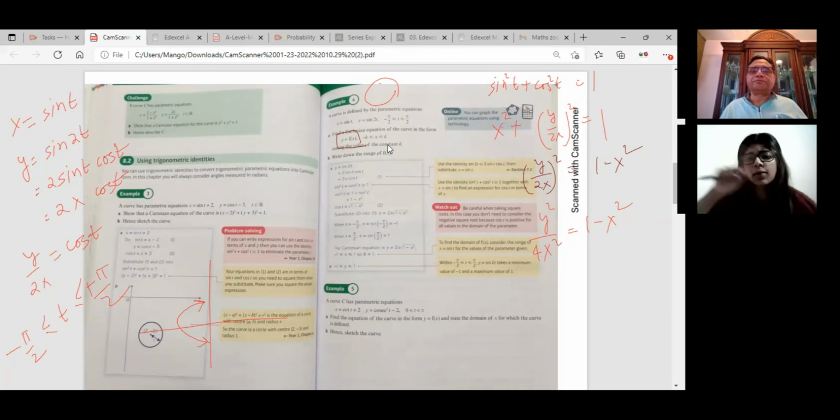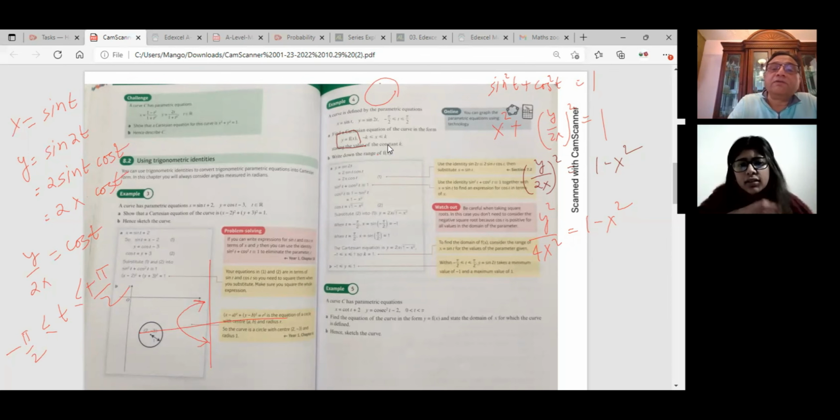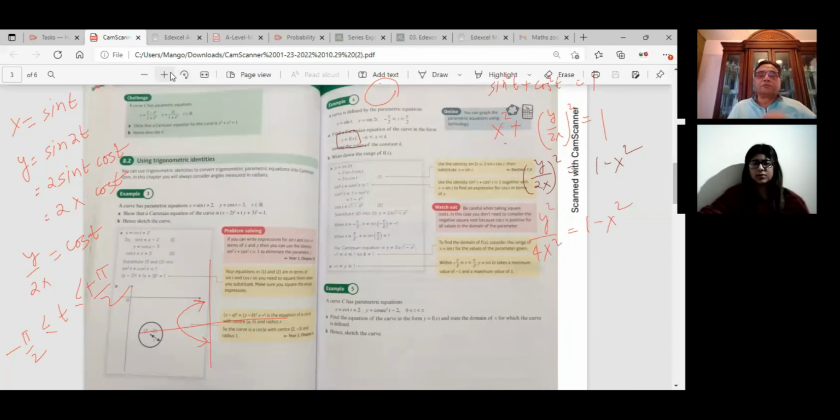We want y equals f of x. That means we have to isolate y. So I'm taking x squared to the right hand side, now multiplying by 4x squared to isolate y. So we cross multiply that then. Do you want me to enlarge a little bit? Yeah.